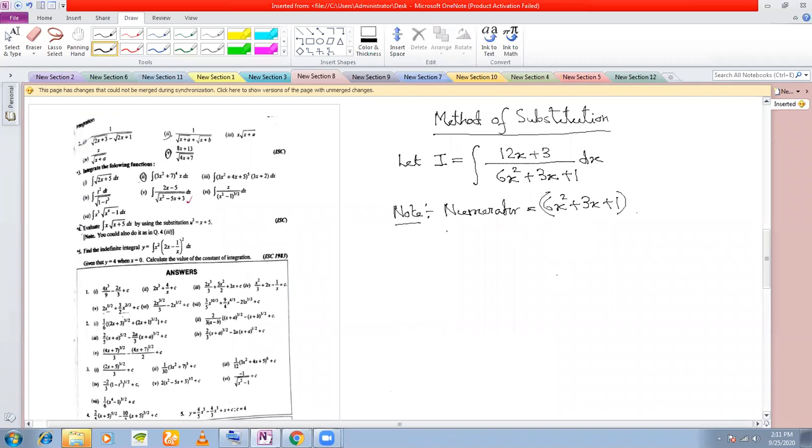And the numerator, not this, this is the denominator. Denominator is 6x square plus 3x plus 1, and the numerator is 12x plus 3. What you see is that if you differentiate the denominator, what do you get?